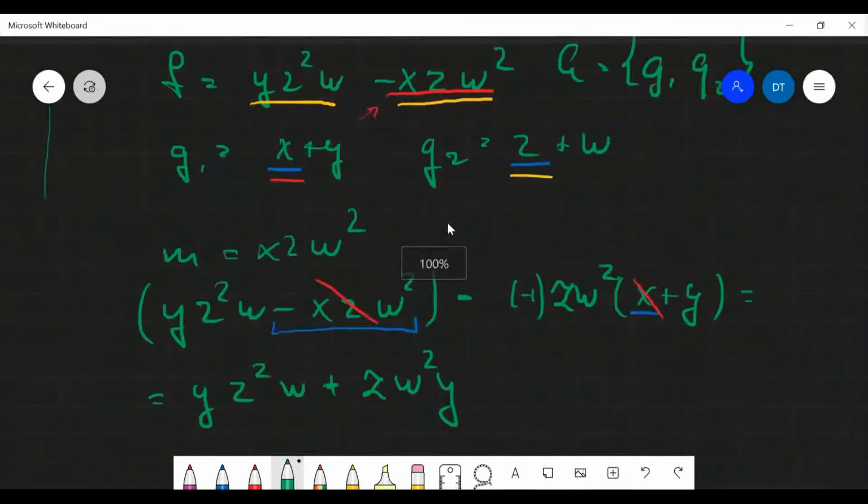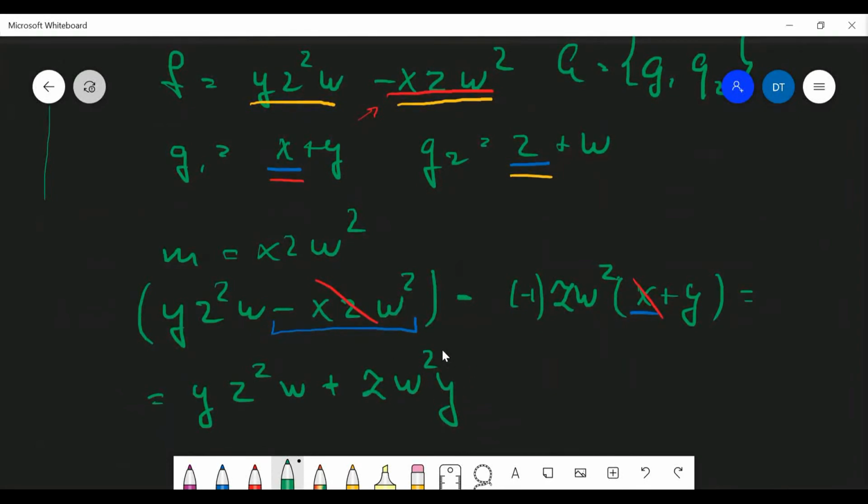Let's compare the initial polynomial with the result. You see, we didn't change this term, but what has happened with this one? As you can see, w squared and z are here, and we replaced x by minus y.